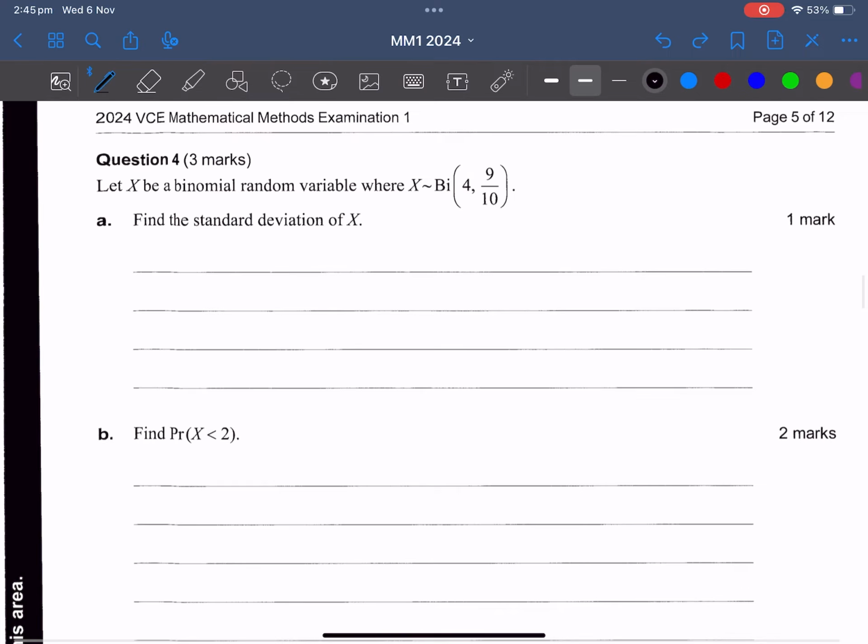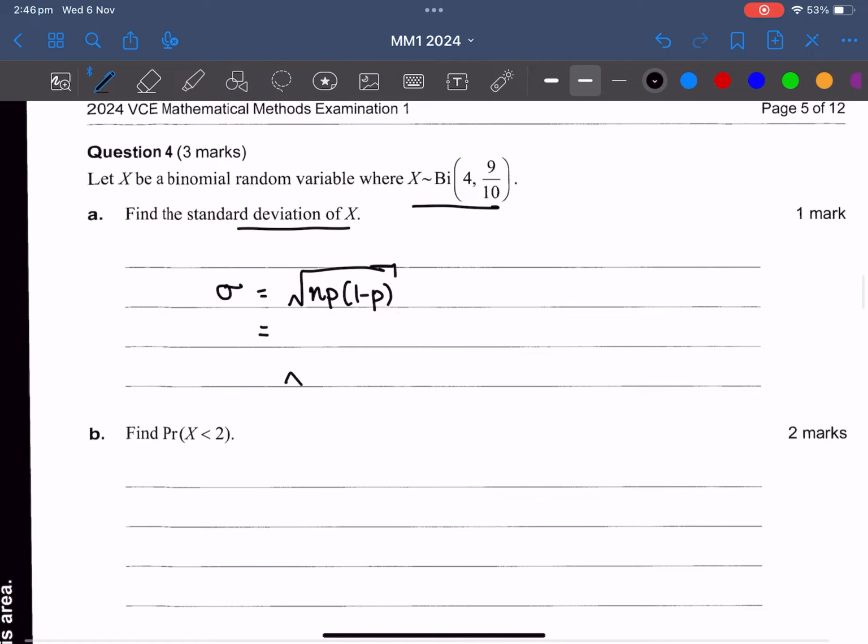Okay, so this is a probability question. Let X be a binomial random variable where X is this. Find the standard deviation of X. Okay, let me pull up my formula sheet real quick. From the formula sheet, the standard deviation is just going to be the square root of np(1 minus p).